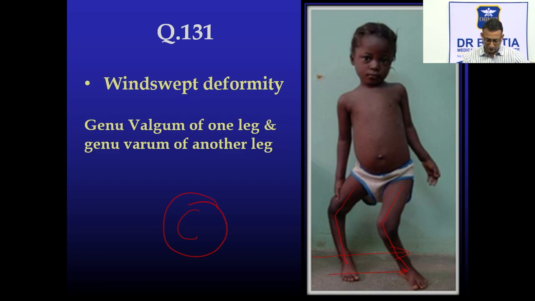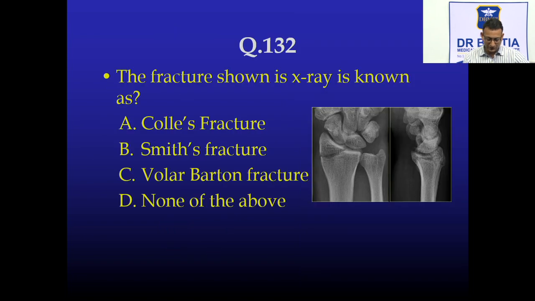So let us move on to question number 132. They have shown a picture, and the fracture shown on this X-ray is known as. Now if you see, this is the lower end of the radius and this is the lower end of the ulna, and the fracture line is going somewhere like this.